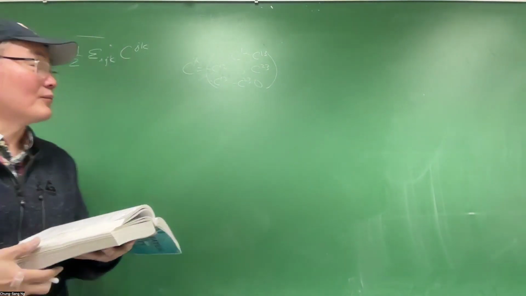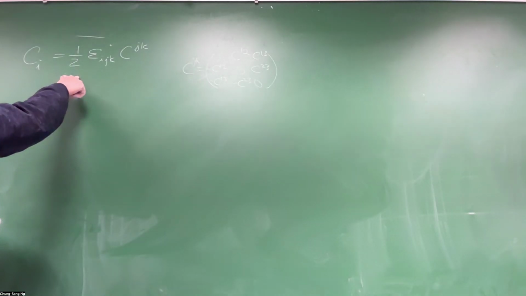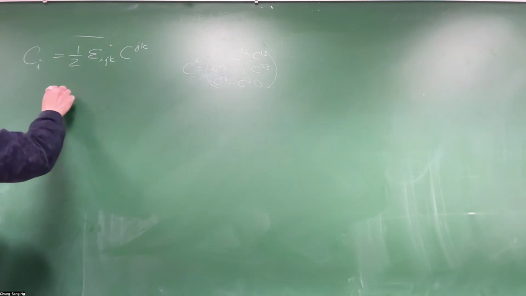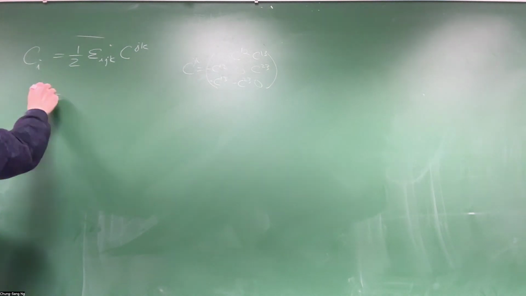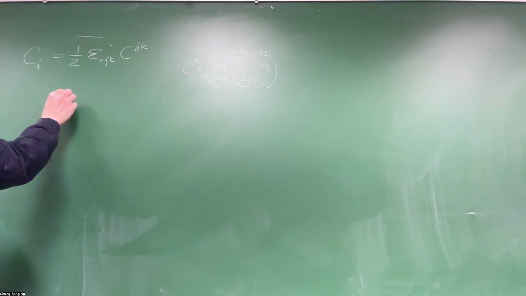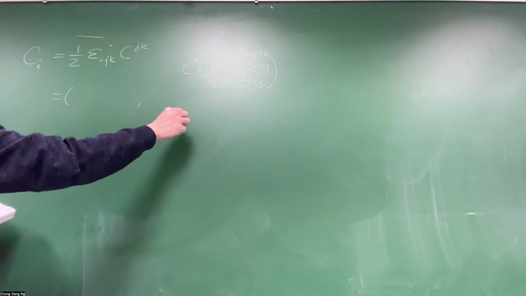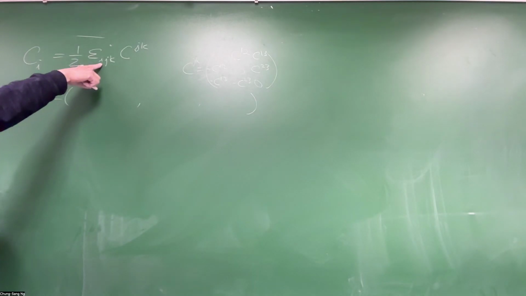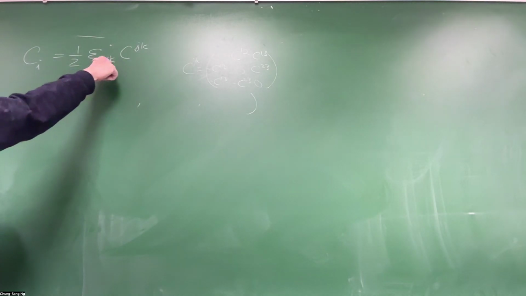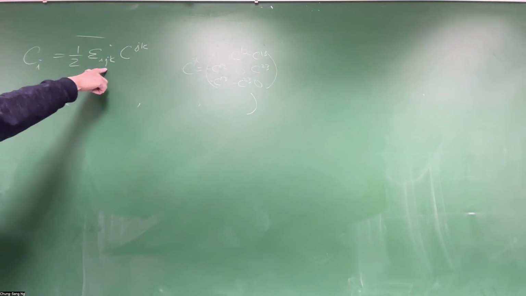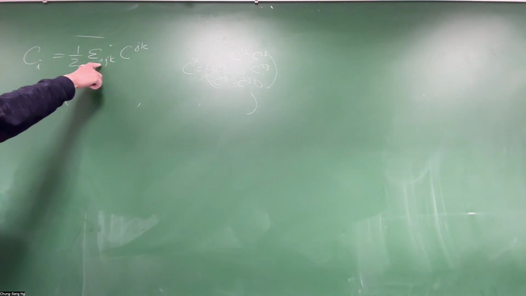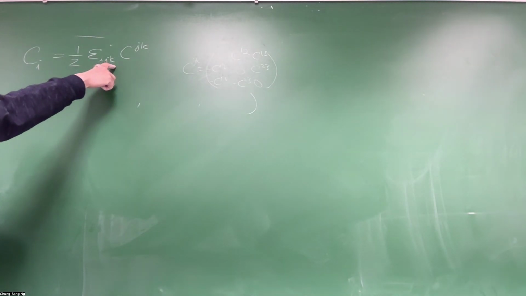So only 3 components, and therefore if we use this rule, you can check C_i. Say C_1, so i is 1, and then you sum over j and k. There are only two cases you need to consider, because it's 1, you only have 2, 3 or 3, 2.